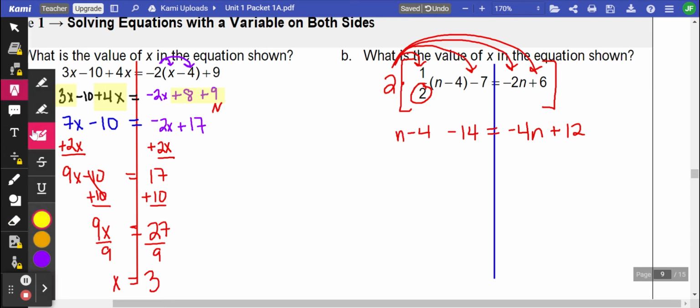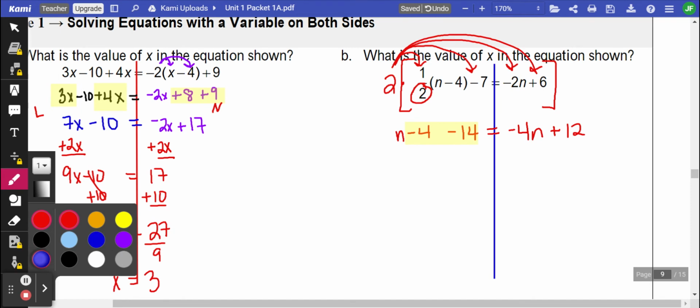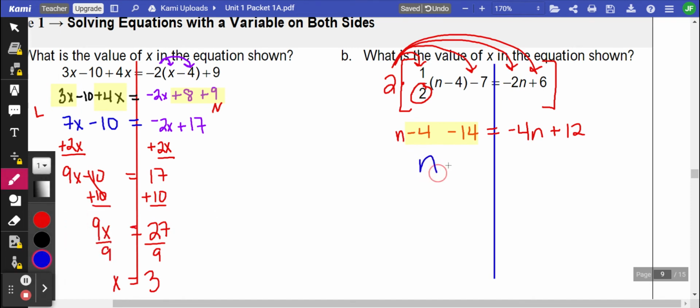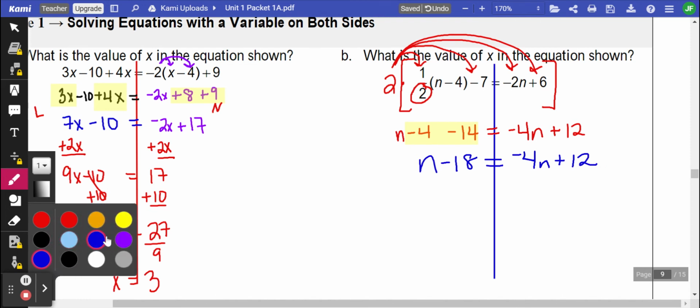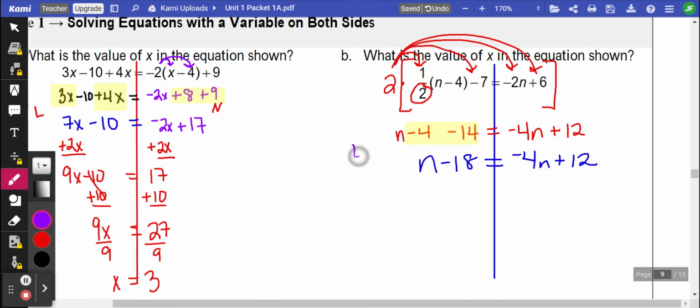Let's look at the left side and combine our like terms. So if we're just combining like terms because they're on the same side of the equation, -4 and -14 give me -18. On the right side, I can't combine anything together because those aren't like terms. I'm going to make this my letter side and this my number side.